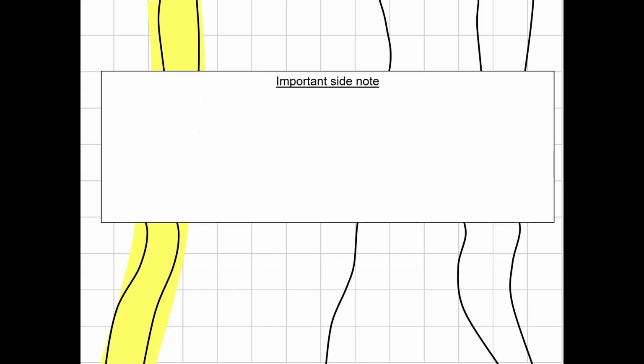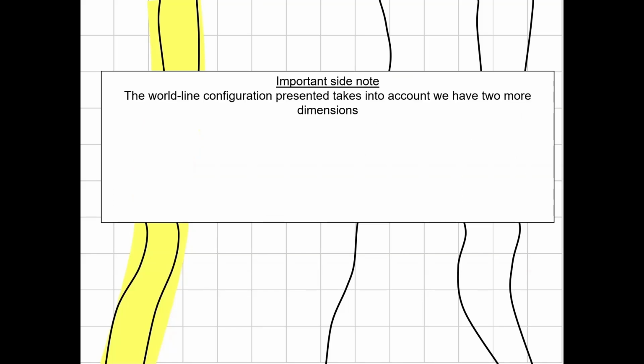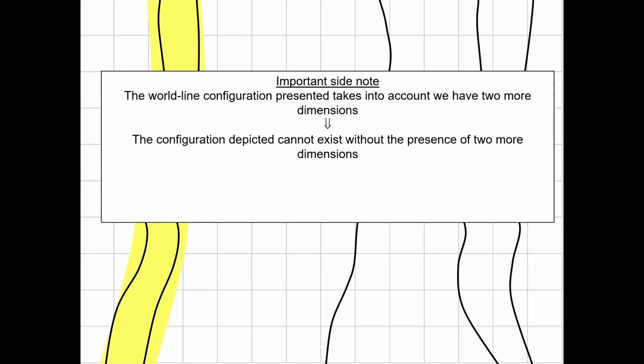An important side note, going back to what we mentioned earlier in the video: the world line configuration that is presented takes into account that we have two more dimensions. So the configuration depicted cannot exist without the presence of two more dimensions, which come into play with the world lines that are depicted and allow for their configuration to exist.